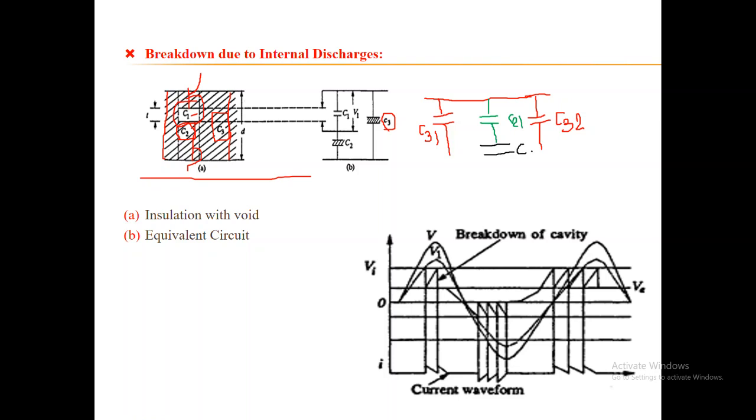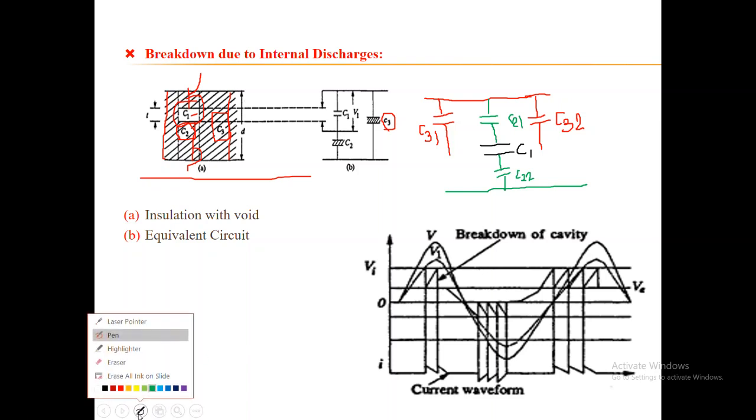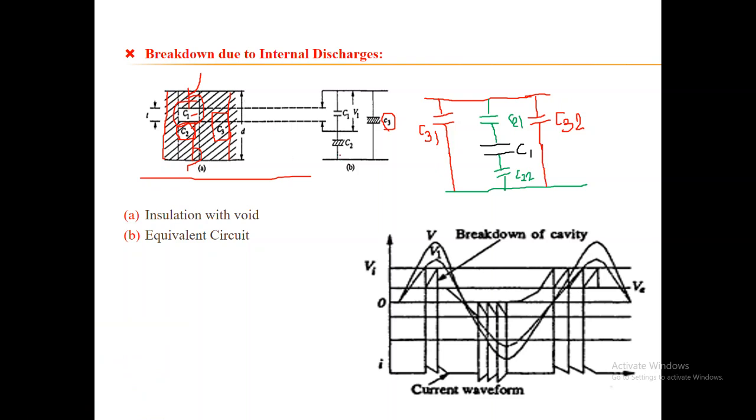So this is your C1, and now comes C22. The series combination of C21 and C22 will give C2, and of course this is C1. So this circuit can be reduced to this form.